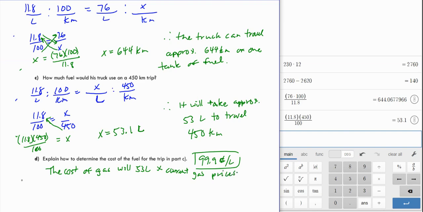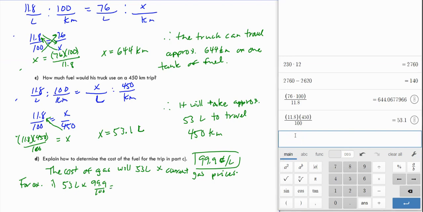So for example, say example 1 here. Let's say we had 53 liters times 99 cents, but that's turned into dollars.